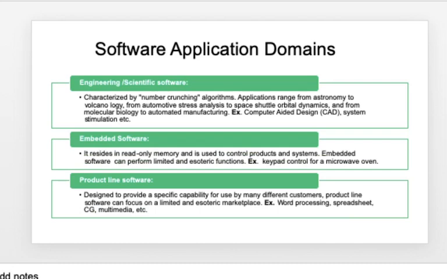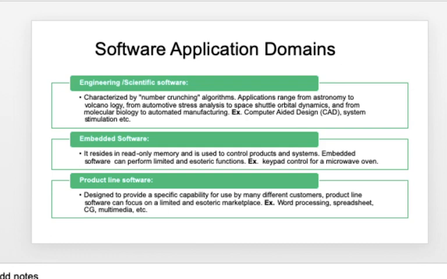One is called the engineering or scientific software, which basically uses number crunching algorithms. For example, CAD, computer aided design, or any kind of software that uses system simulation in areas like molecular biology to automated manufacturing and so on are called engineering or scientific software.